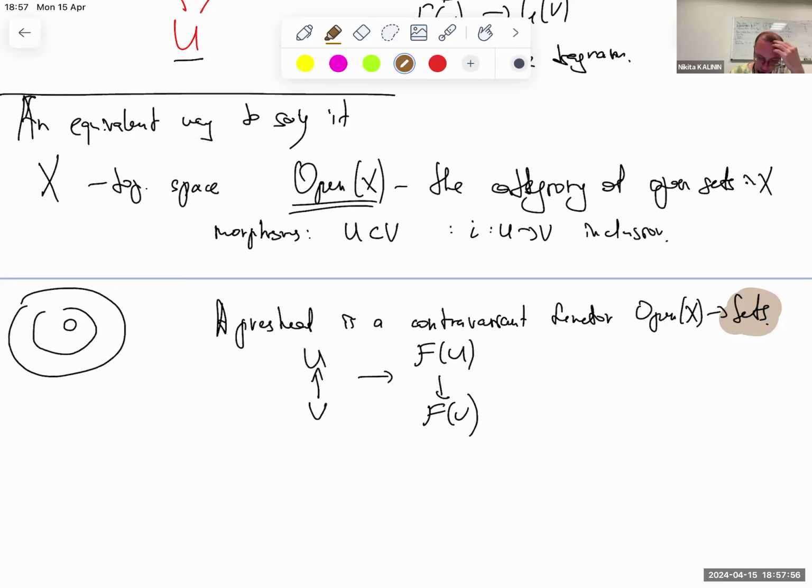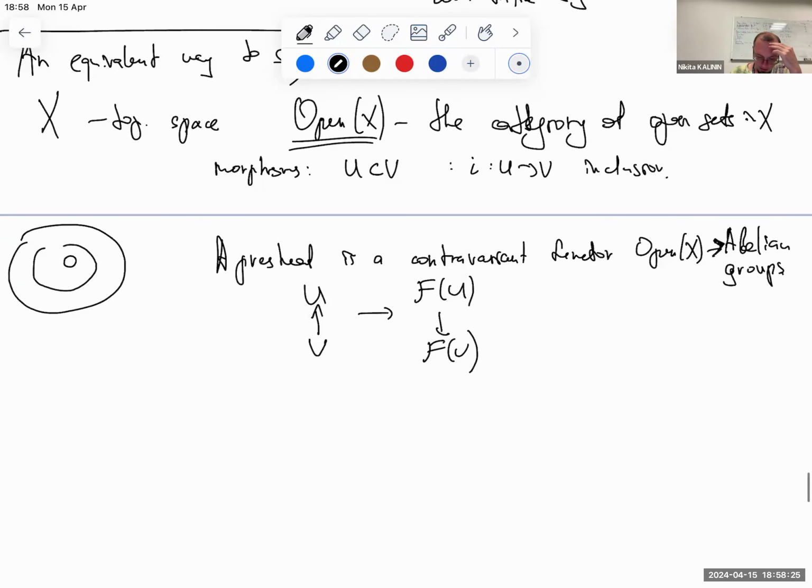So let's say it's just for abelian groups. You're right, because later everything we will do will be just for abelian groups. There are presheaves which are contravariant functors to sets, but then you can define cohomology of such a thing. Okay, good.